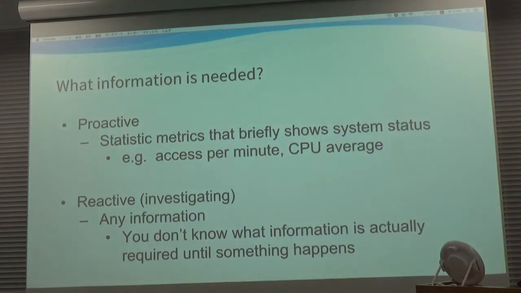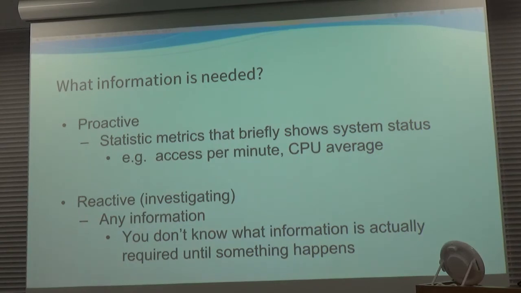For each type, we need specific information. If you're looking at proactive information, we don't want to see the CPU or memory of each server, each switch, each port of networks. That's too precise to look at every day.